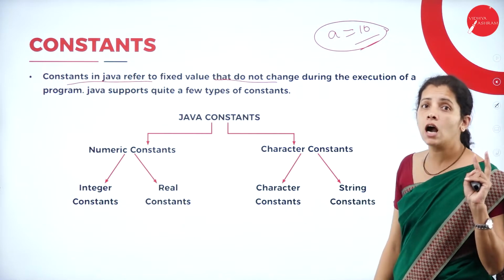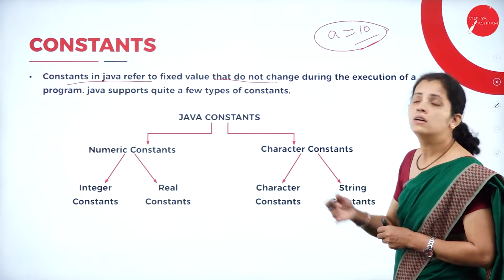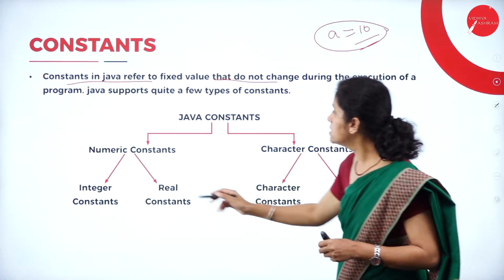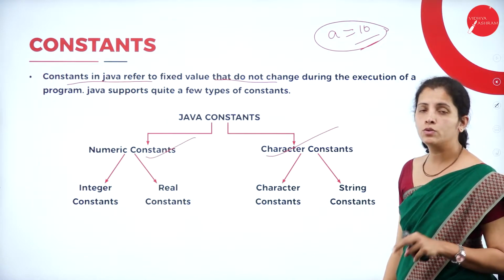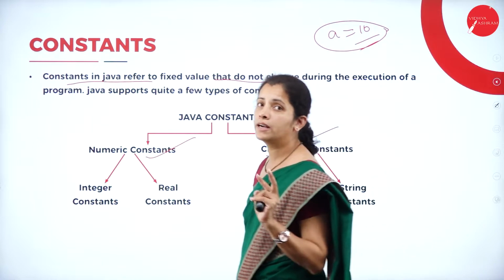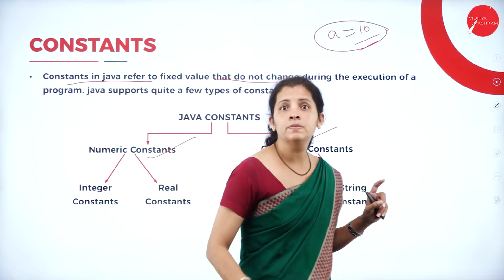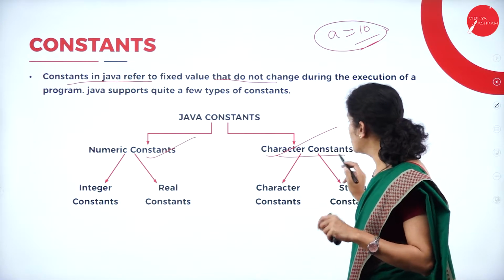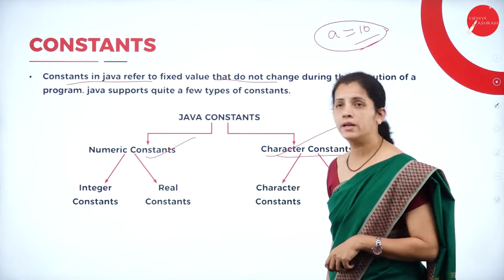So here Java supports two different types of constants, that is numeric constant and character constant. Now let's see what is numeric constant.